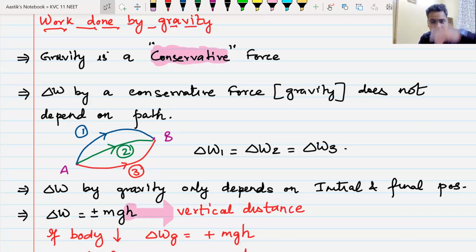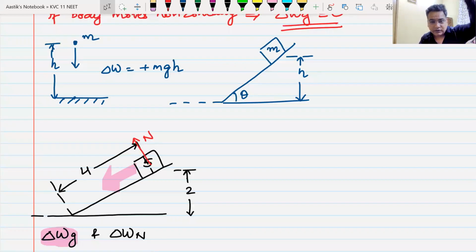It only depends on the height it has moved. When it moves down, work done by gravity is positive. When it moves up, the work done by gravity is negative. And it does not matter how you are moving it, whether it is falling vertically down or falling on a slide, work done by gravity remains the same. Do we understand this? We remember this?